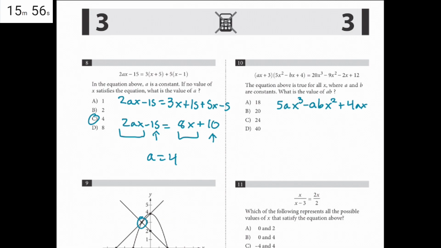So 5ax cubed, because nothing else will have a cube, and we have to relate that to 20x cubed. It's true for all x, so 5ax cubed must equal 20x cubed. So a must equal 4. Then we got one of them. Now we just need to find b.